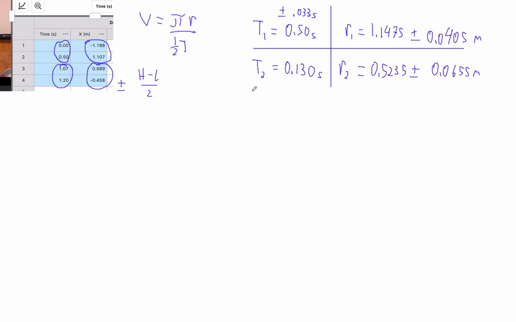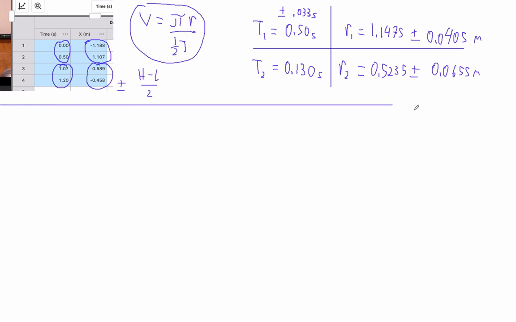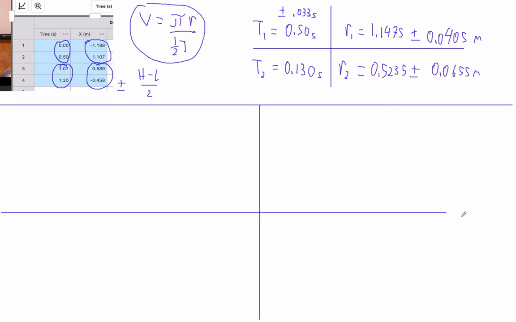All right, so from this, now we're all set. Now we can just use this and figure out the velocity and then the uncertainty of the velocity, okay? Let's carefully divide our space here, okay? So let's figure out the V1, right? V1 is going to be pi R1 over half T1.